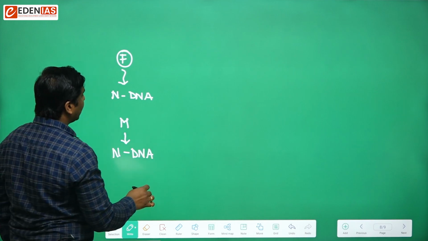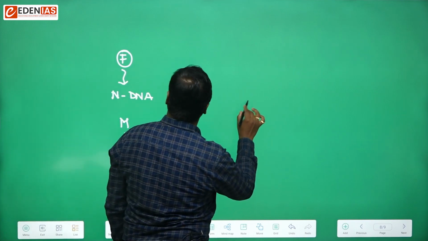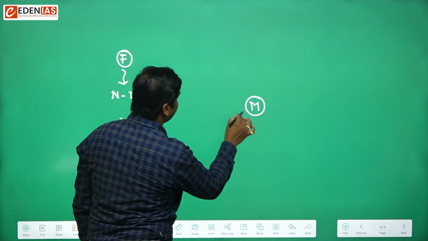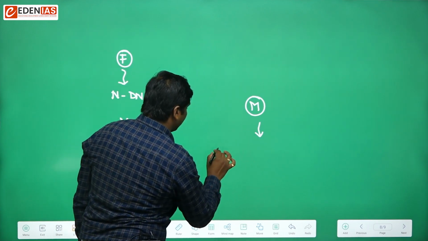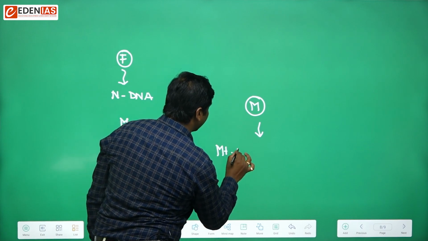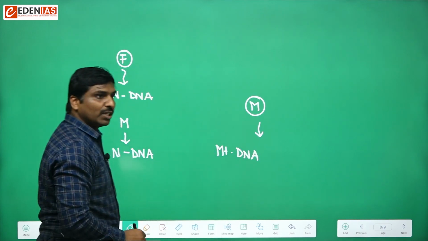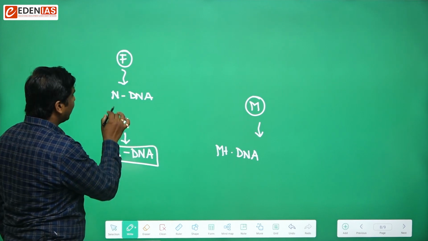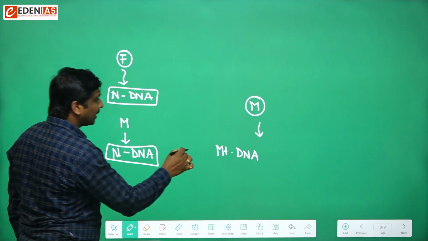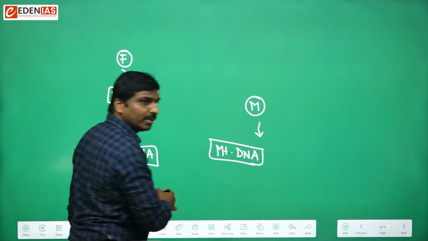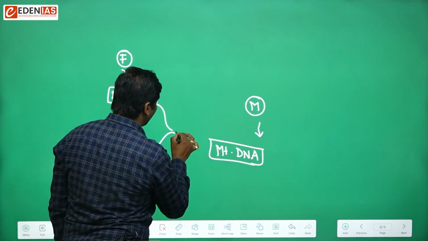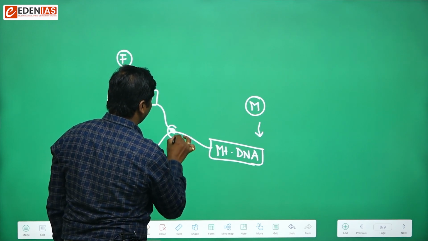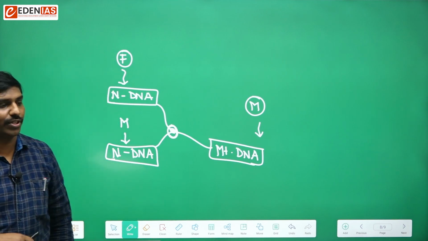And there would be a third, donor mother, from whom they will collect the mitochondrial DNA. So nuclear DNA is selected from this mother, nuclear DNA from this father, and mitochondrial DNA from the donor mother, and they fuse all three and thus produce the zygote.